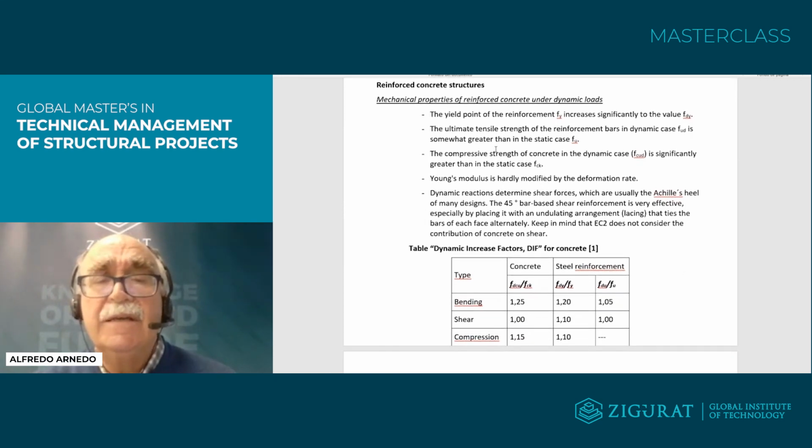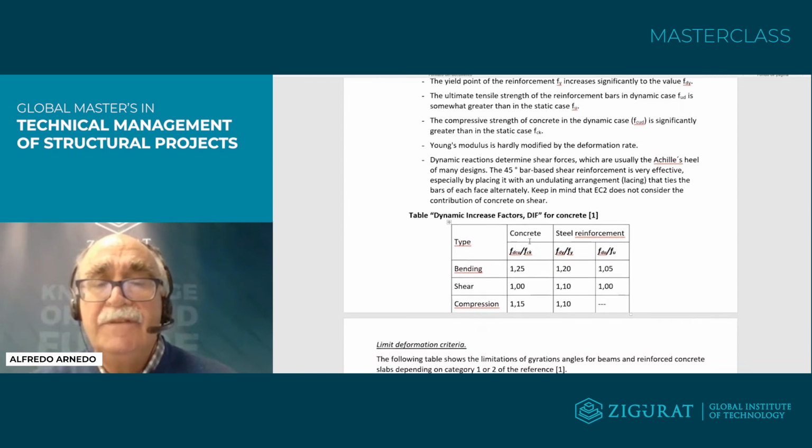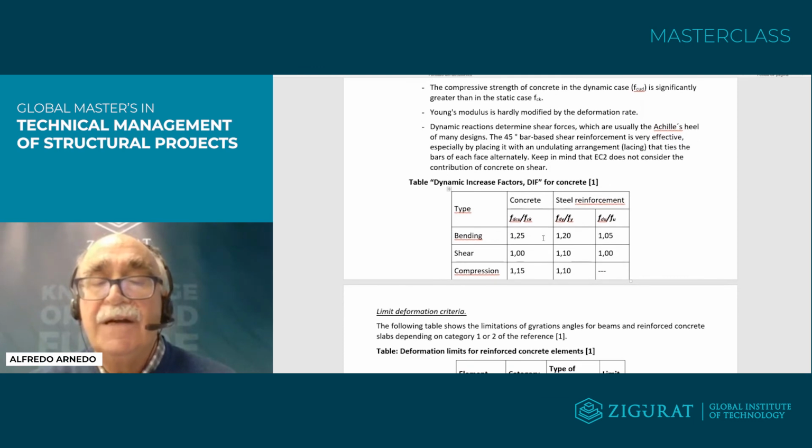Another point relates to the concrete, where we have an increase due to the velocity and the dynamic load, and we have this dynamic increase factor that is taken from the first references. This is very important to calculate with these values, but this increases all the characteristics of the bending.